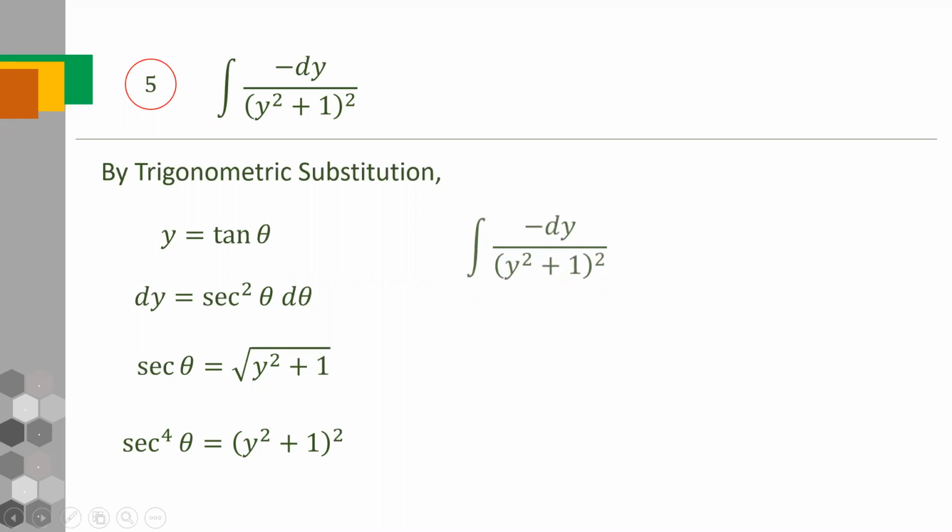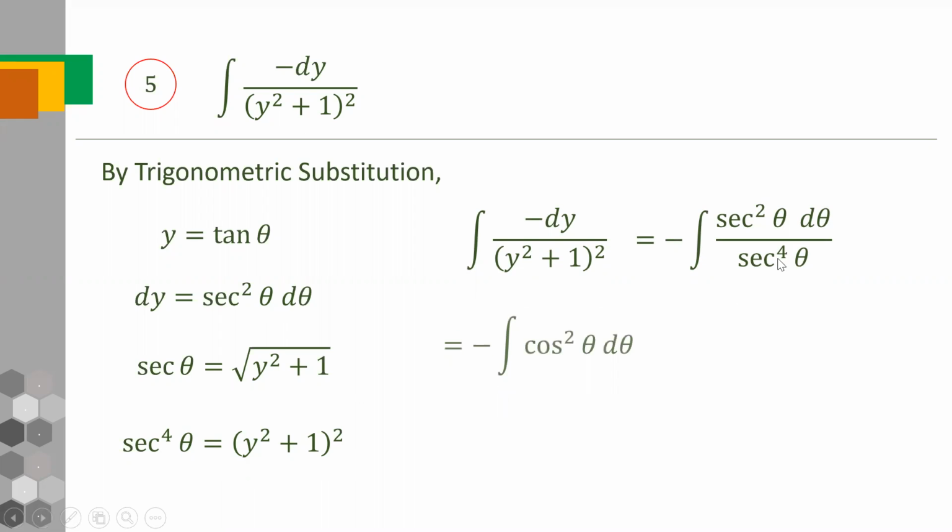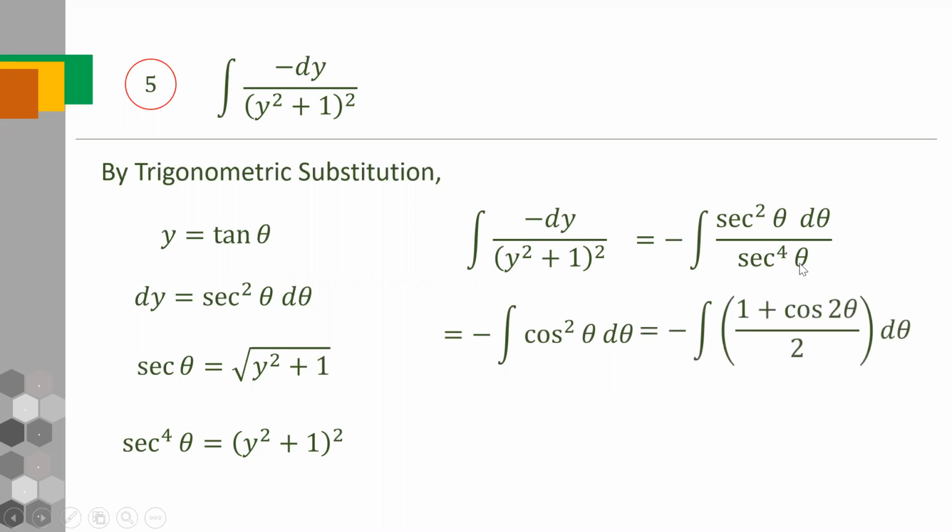So therefore, our integral is just equal to the negative of the integral of secant squared theta d theta over secant to the 4 theta. So we simplify this form and we get negative of the integral of cosine squared theta d theta, which is just equal to this form.